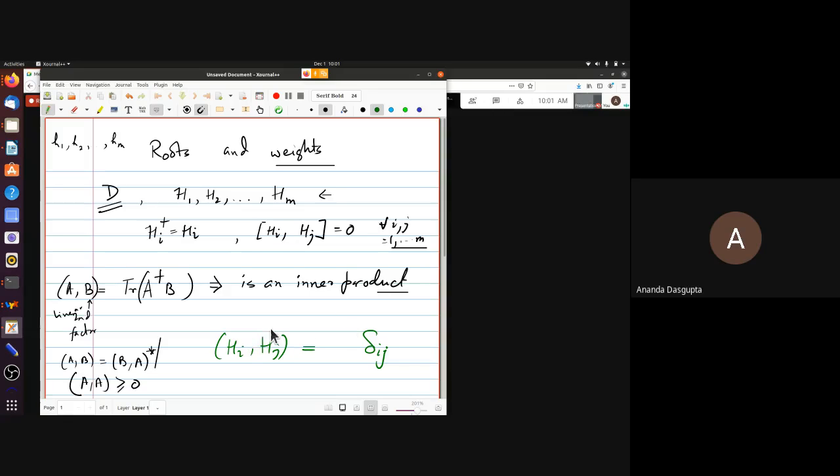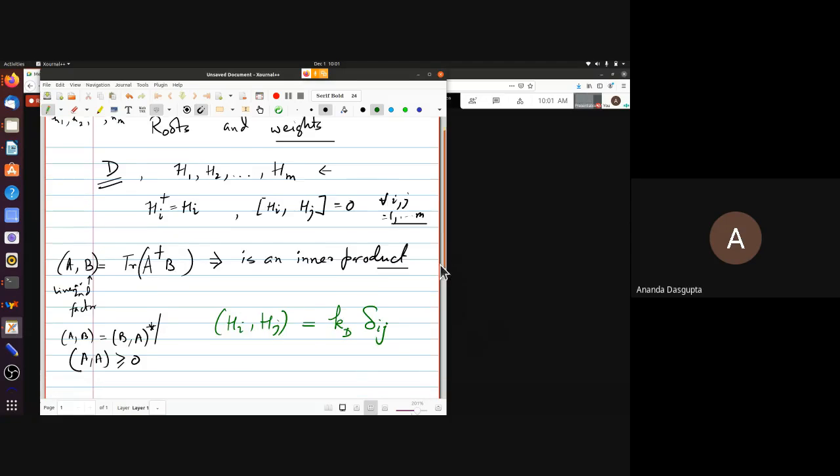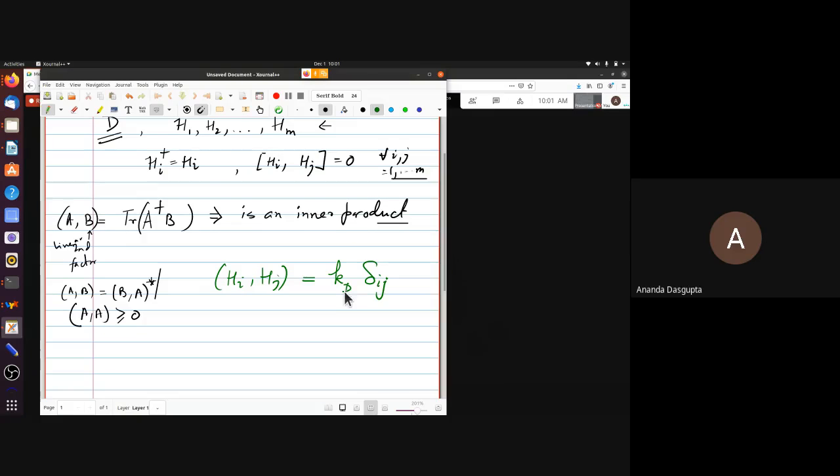And you can always choose the scale to be 1, but often you don't choose it to be 1 because of convenience. Sometimes some other norm is convenient. So you choose them all to be equal length, but the equal length k is some constant, which can depend on the particular representation that you're talking about.